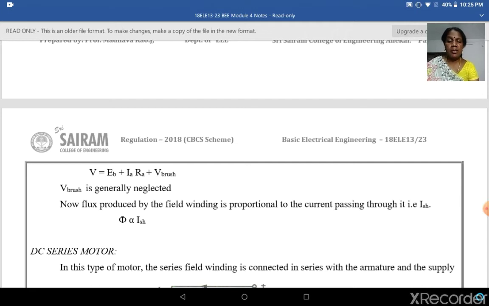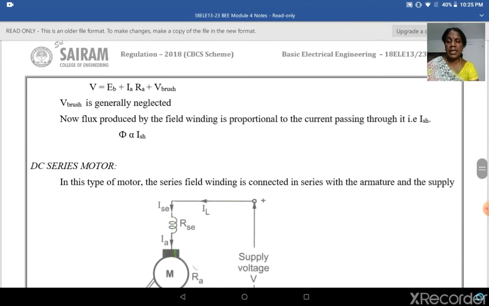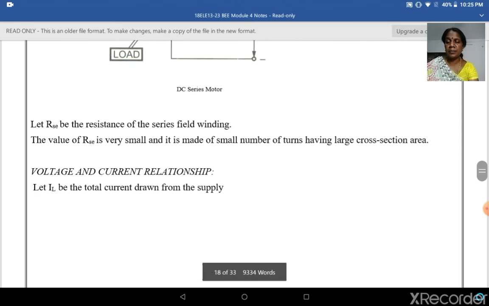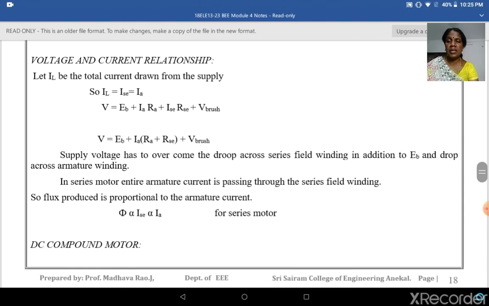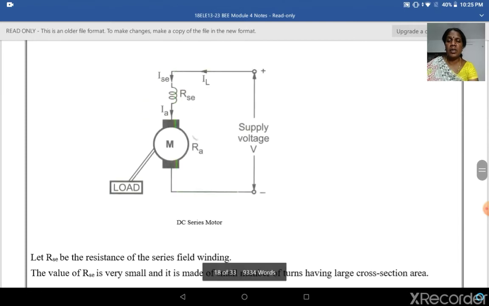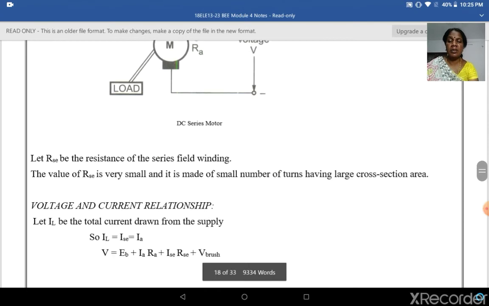The flux produced by the field winding is proportional to the current passing through it, so phi is proportional to ISH. For the series motor, the winding is connected in series with the armature. So the load current is equal to the series current, because there is only one current. IL is equal to ISE, which is equal to IA.